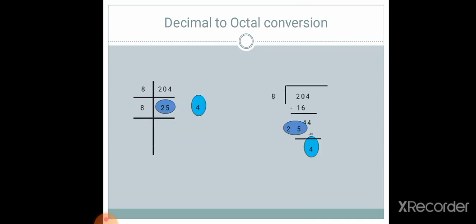So we'll do the division. 8 twenty-fives are 200, remainder will be 4. Sorry, your answer is 25 and your remainder is 4.